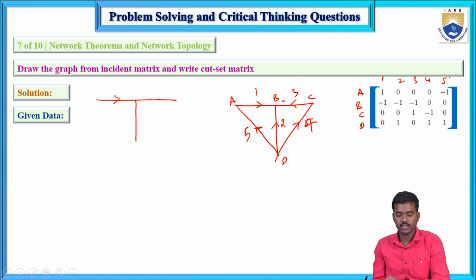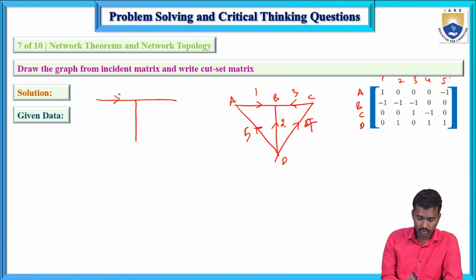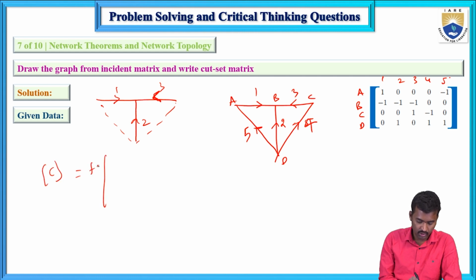So total 5 branches. Now here, this is the 1, this is the 2, and this one is the 3. These are the links. Only 2 links are there. So the number of F cut sets: this is represented with C, and this one is F cut set 1, F cut set 2, and F cut set 3.